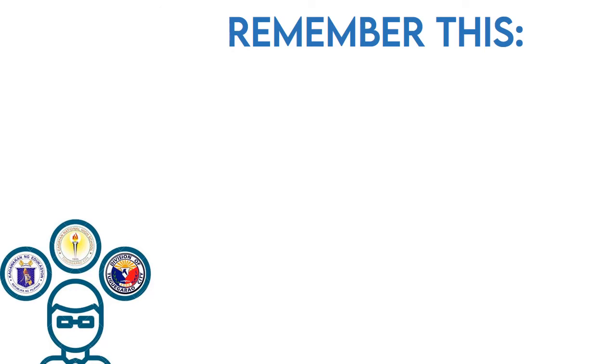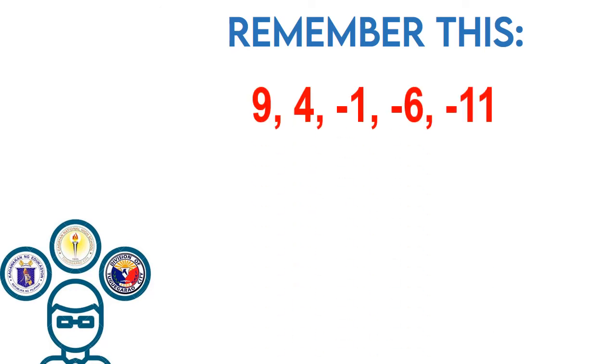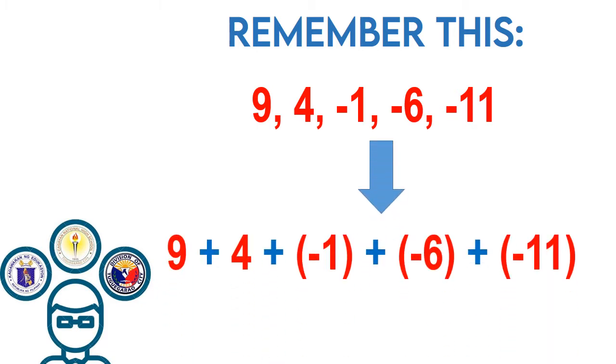For example, in the arithmetic sequence 9, 4, -1, -6, and -11, its corresponding arithmetic series is 9 plus 4 plus -1 plus -6 plus -11.